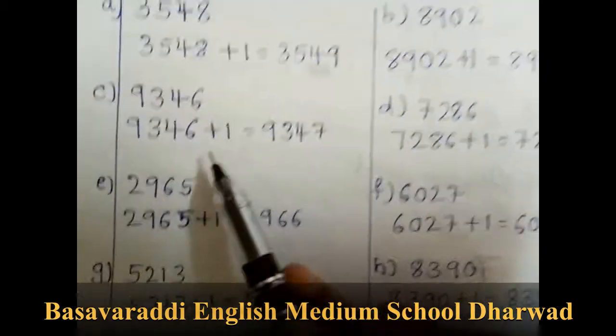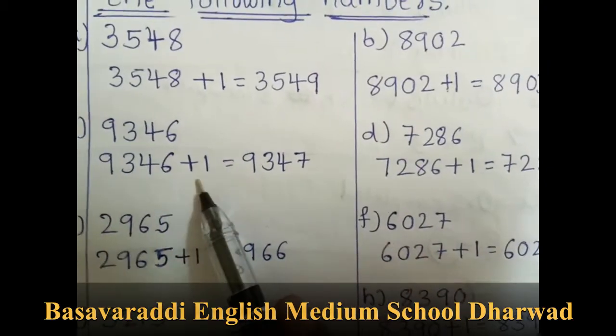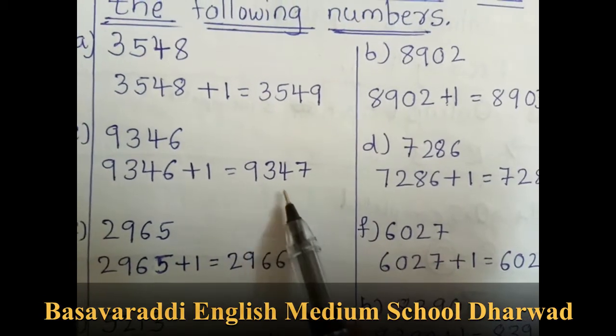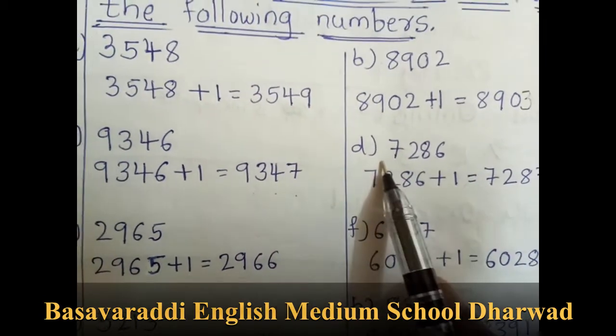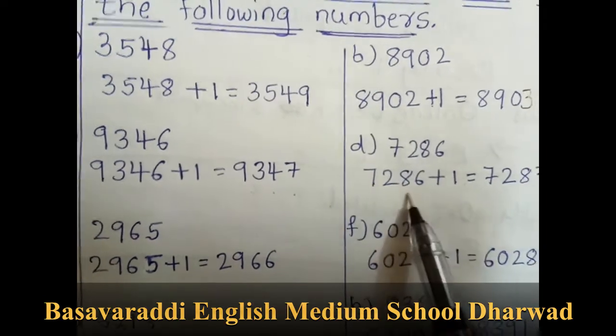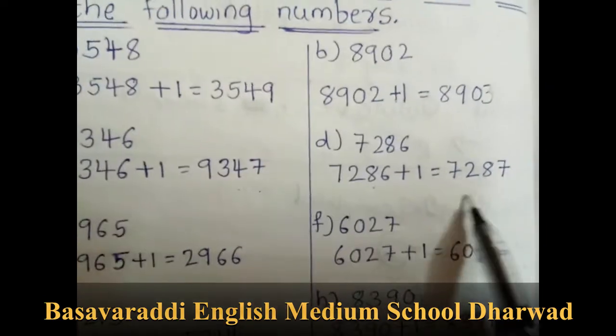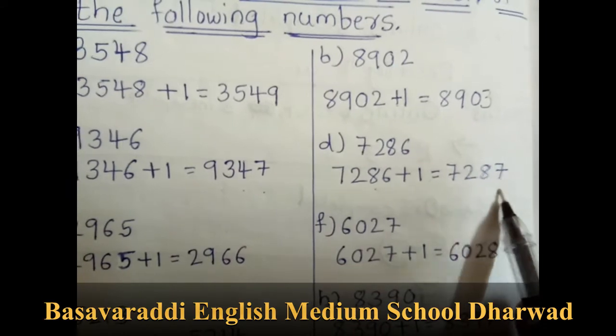C1, 9346, and we add 1, that is 9347, the successor. 7286, we add 1, so 7287.